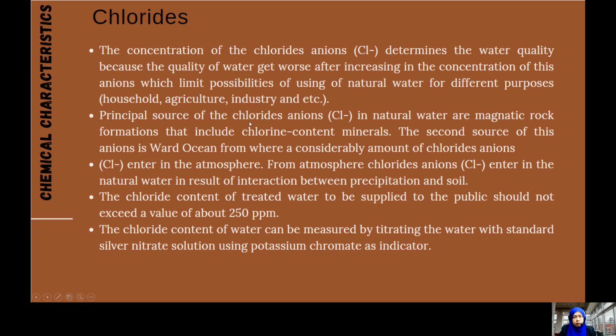The principal source of chloride ion in natural water is igneous rock formations that include chlorine-containing material. The second source of this ion is the ocean, from where a considerable amount of chloride ion comes.